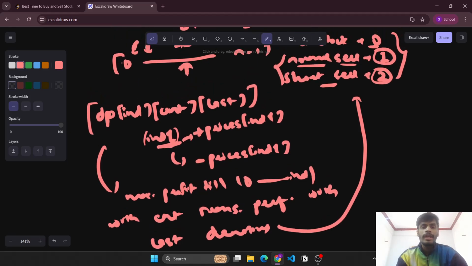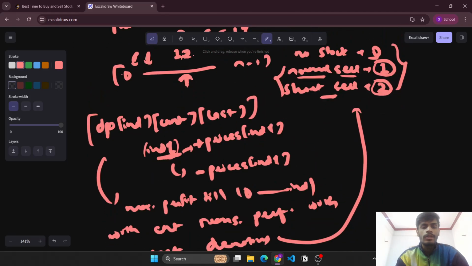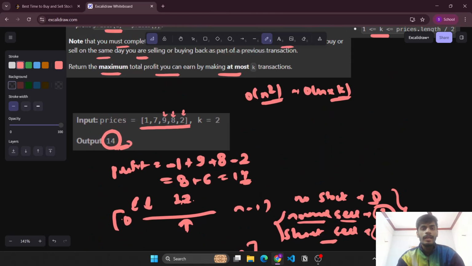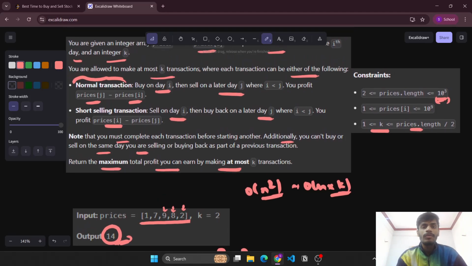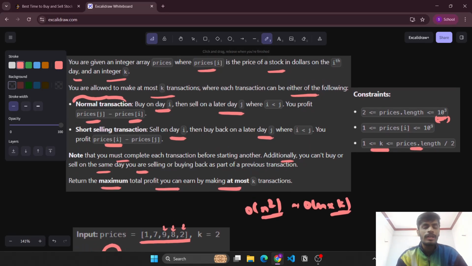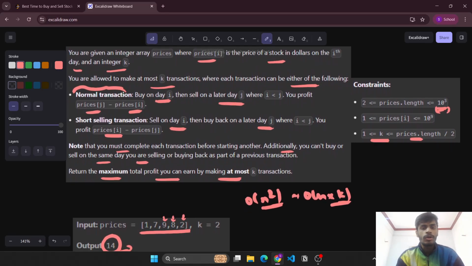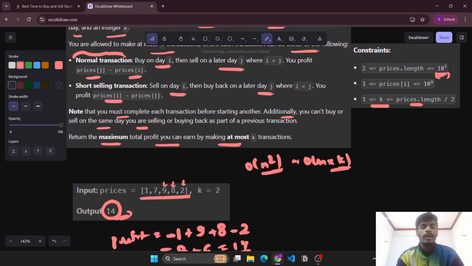We know we cannot do it greedily, because whenever we want to buy or sell stock, we have the choice of buying it normally or in a short selling manner. That's why we cannot greedily decide which stock will give us the maximum profit, which day to buy it and on which day to sell.